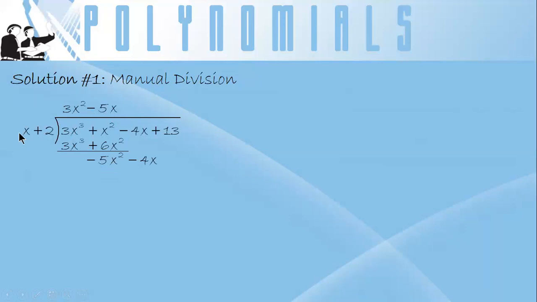Multiply: negative 5x squared, negative 10x. Then subtract, and it becomes positive 6x. Bring down 13. Then 6x divided by x is positive 6. Then subtract: 13 minus 12 is 1. Therefore, the remainder is 1. That is the manual division.